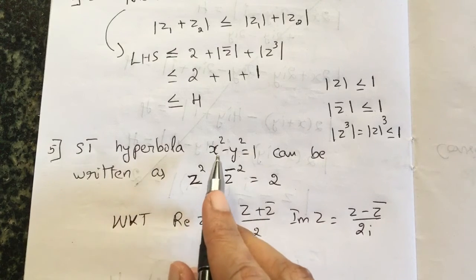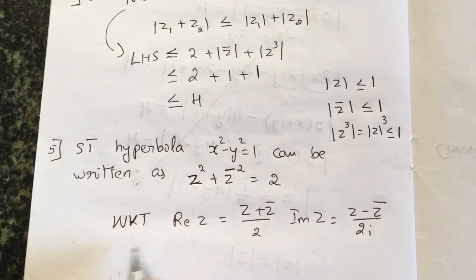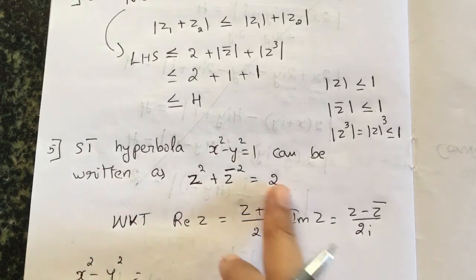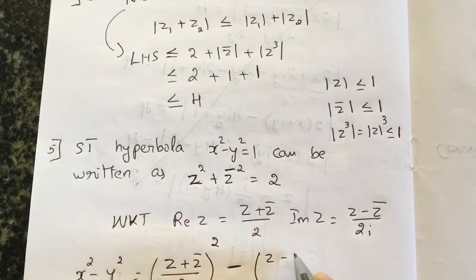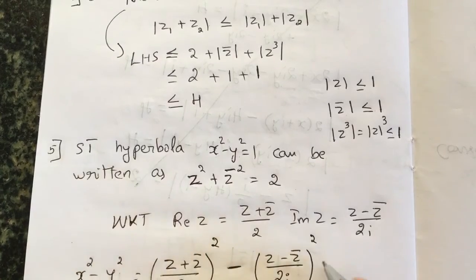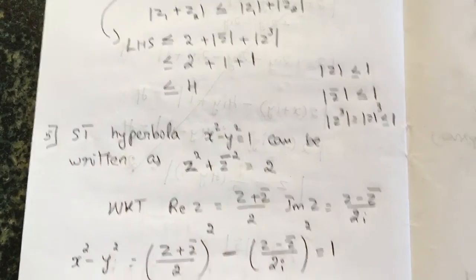I want x square minus y square. So x square minus y square: x square is z plus z bar by 2, its square, minus y square, which is z minus z bar by 2i square, is equal to 1.